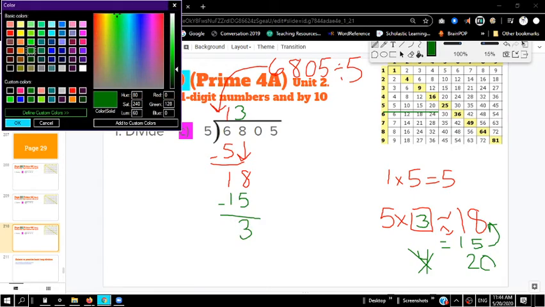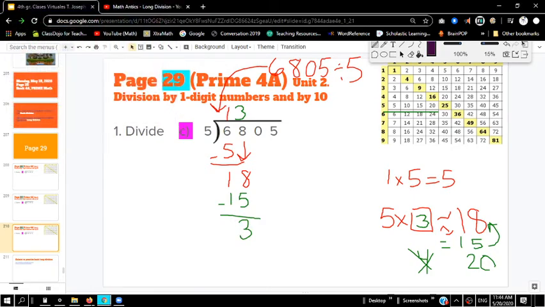We're going to continue by bringing down our next number, which is a 0. We're going to put that right next to the 3. Now we ask, how many times can 5 enter 30? That should be pretty simple. I know that 5 times 6 equals 30. So I do my subtraction problem, 30 minus 30, which equals 0.